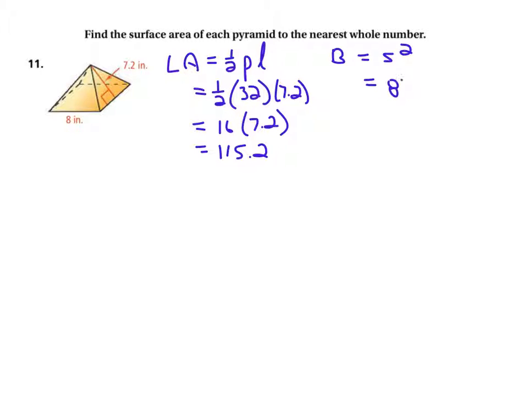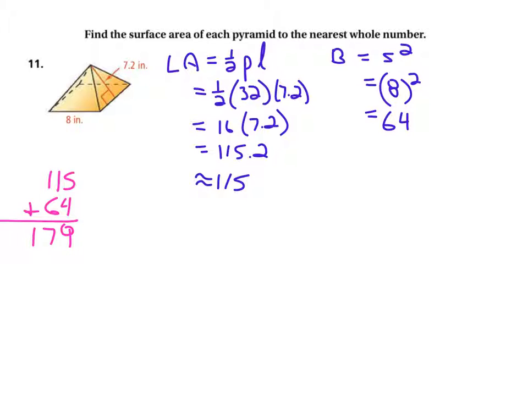The side length is 8. So we've got an area of the base of 64. So we could write this down as 115. This, by the way, rounds off to approximately 115. And then we get 115 plus 64, 179, and what are the units? They are inches squared because we're talking about area. Okay, hopefully that didn't give you too much trouble.